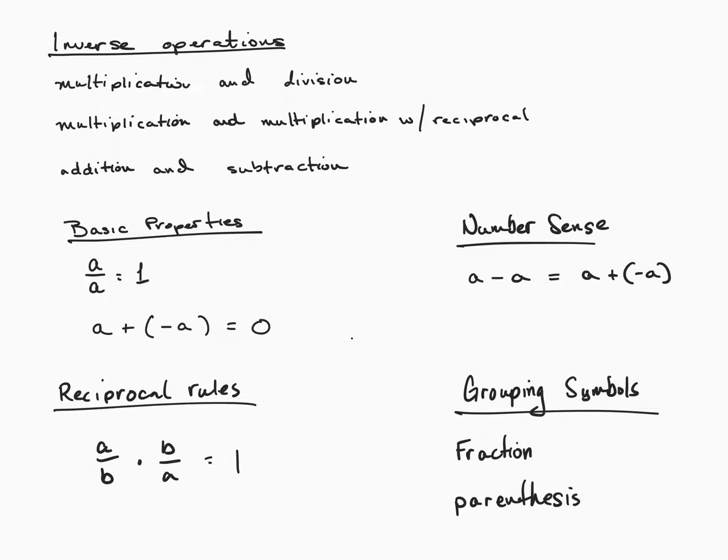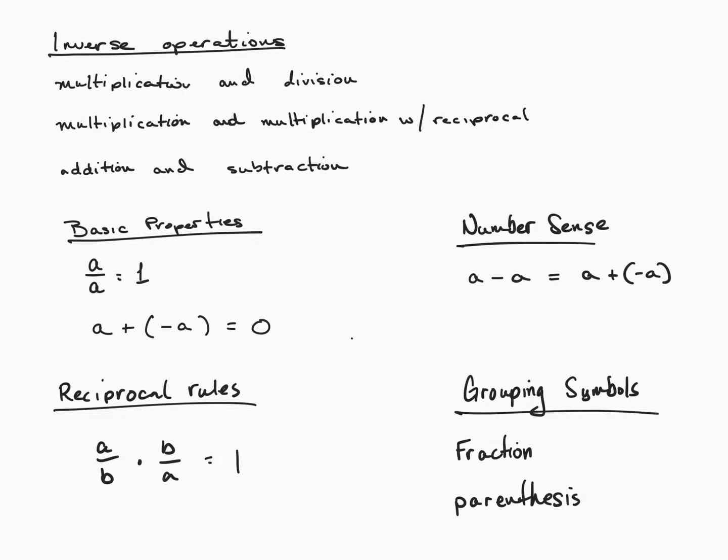The other inverse operation, which isn't talked about as often, but is an extremely useful property, is multiplication with a reciprocal. So multiplication is also undone with multiplication by its reciprocal.